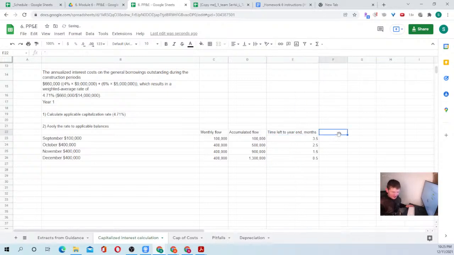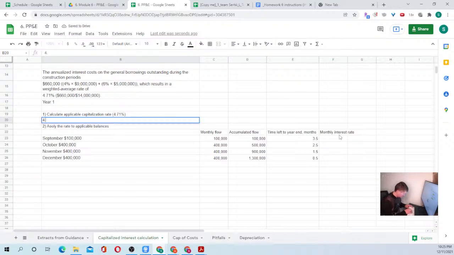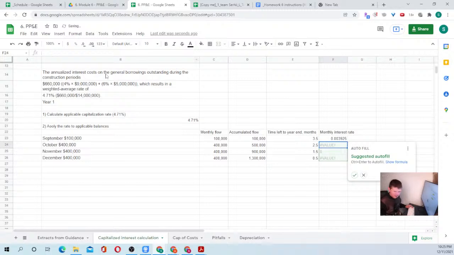Then I will calculate the monthly interest rate for 4.71%, and the monthly interest will be just 4.71 divided by 12. And let me just format this as an interest rate, so it's pretty small.